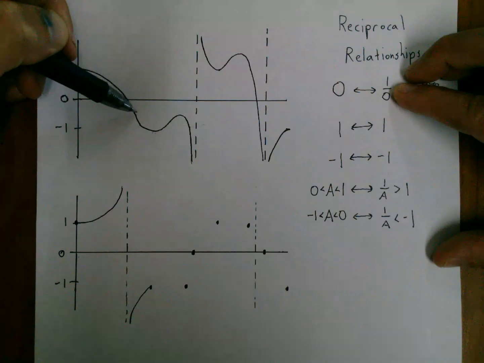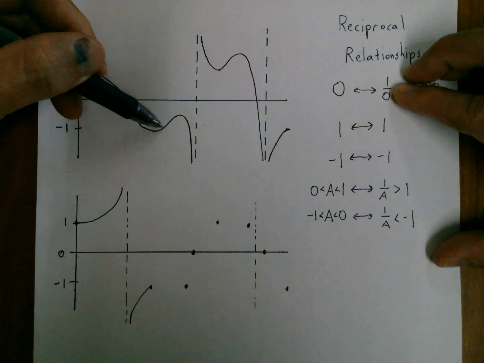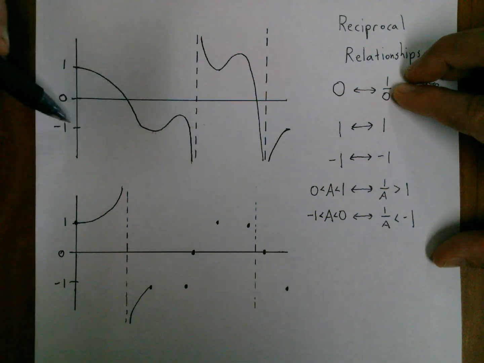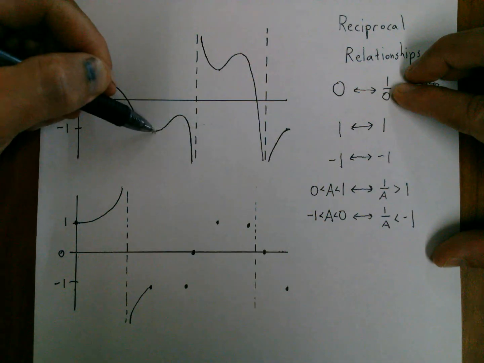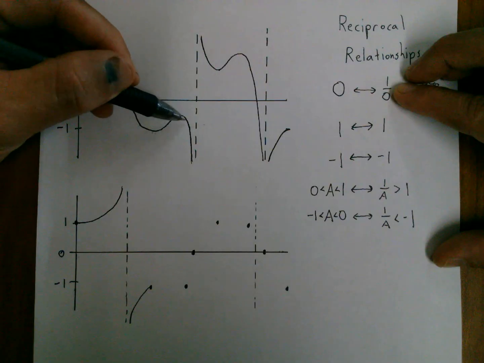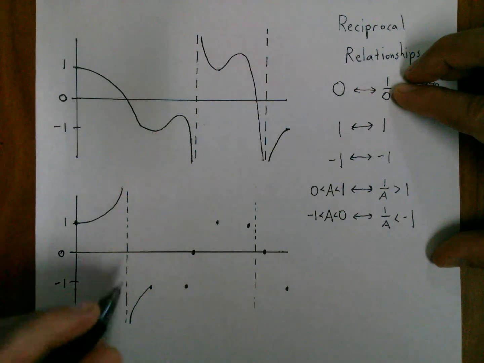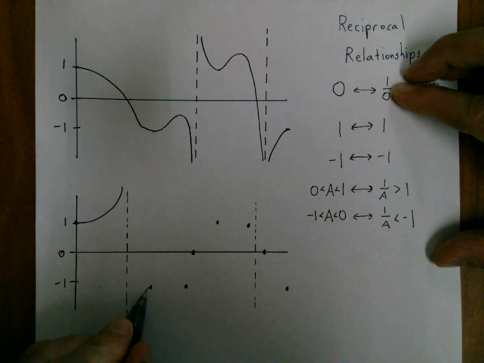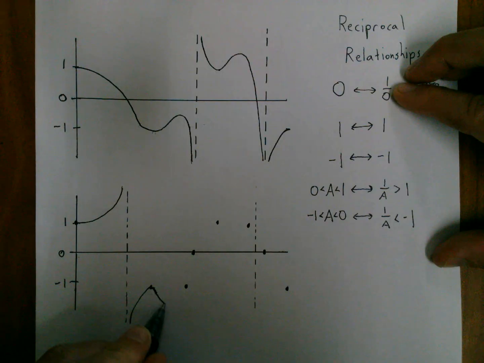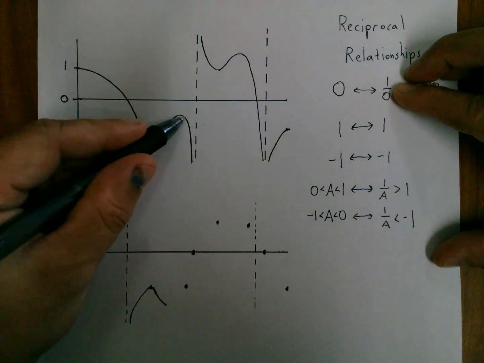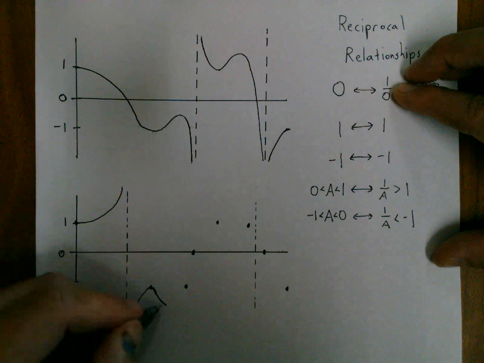All right, so I've gone and I've reached -1, and I'm still in this zone that is between 0 and -1, which means I should still be in a zone that is more negative than -1. And I need to come back and approach -1 because I'm going to hit -1 again.